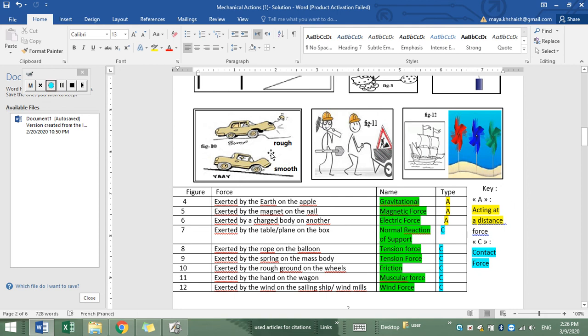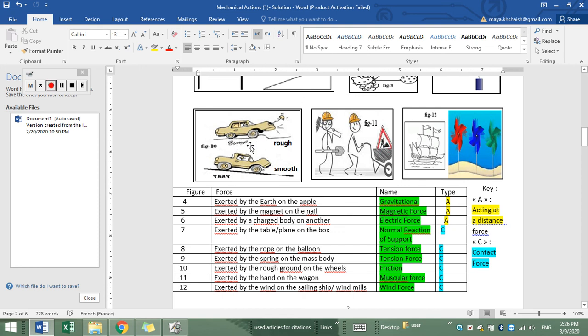Moving to figure 10, we have two cars, one moving on a rough road, and the other moving on a smooth one. Here the force is exerted by the rough ground on the wheels. Of course, if it is rough, the car won't be able to move easily due to the friction force exerted by the ground on the car, and the friction force is always opposite to the direction of motion.